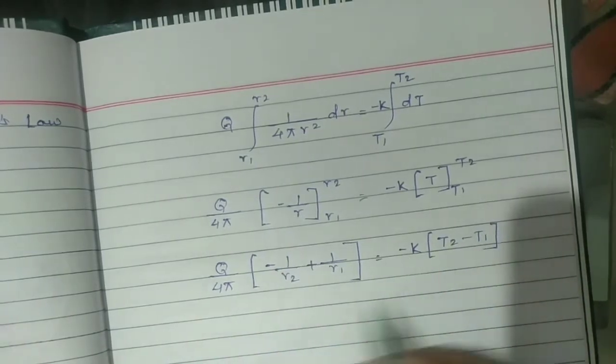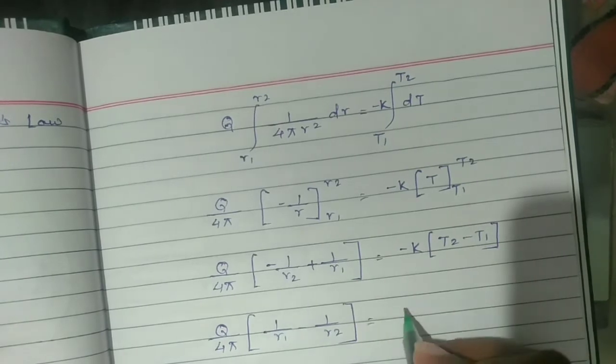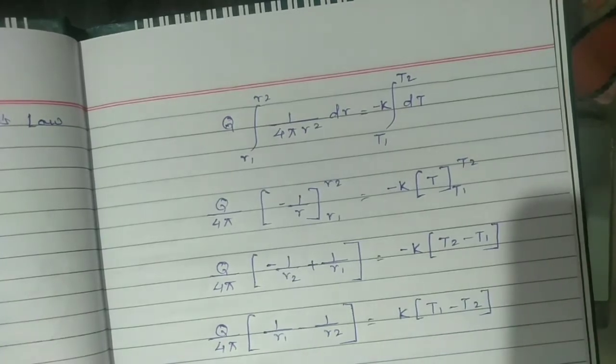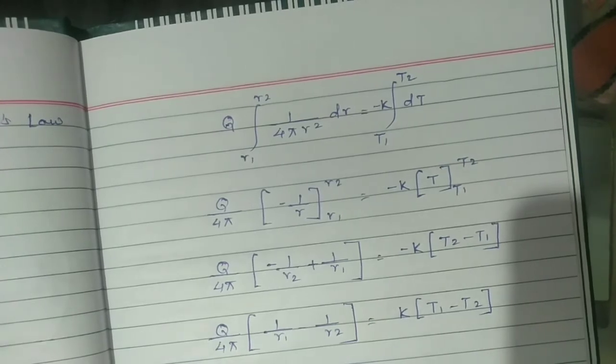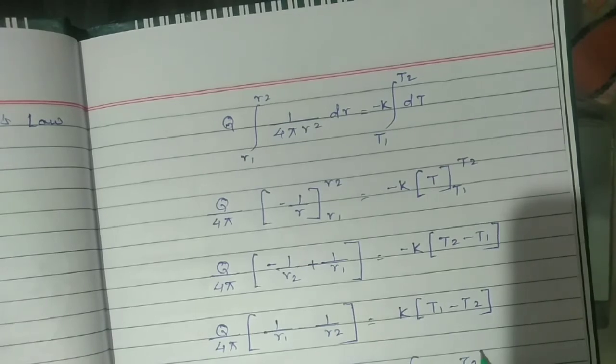So taking the negative sign inside this side also, we have Q upon 4 pi, 1 upon r1 minus 1 upon r2 equal to K into T1 minus T2. Just do the simplification. So you have Q upon 4 pi, r2 minus r1 upon r1 r2 equal to K in bracket T1 minus T2.